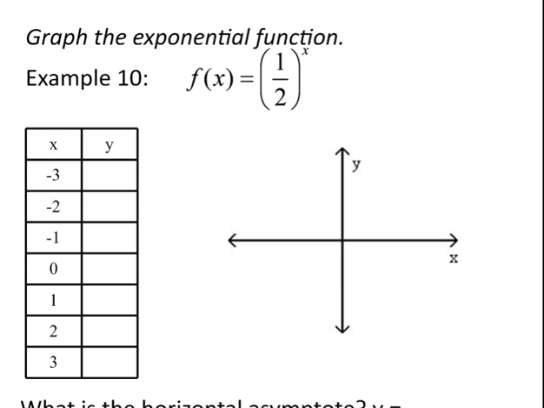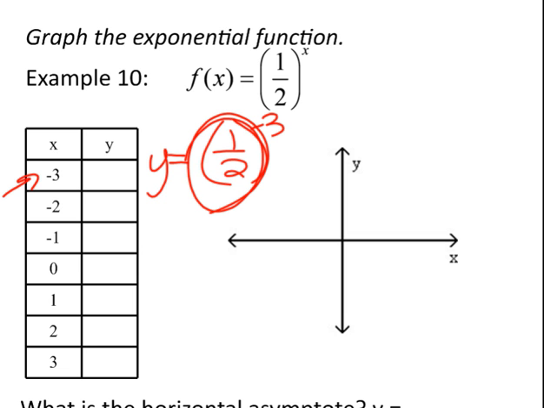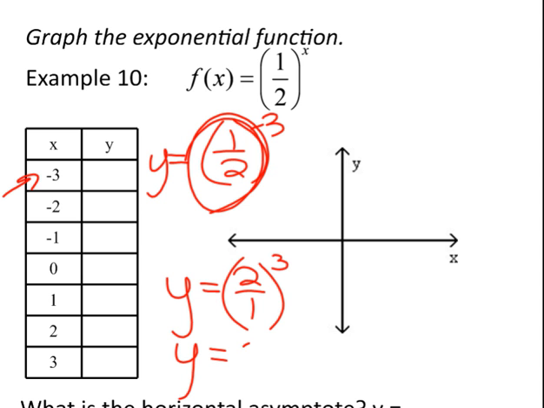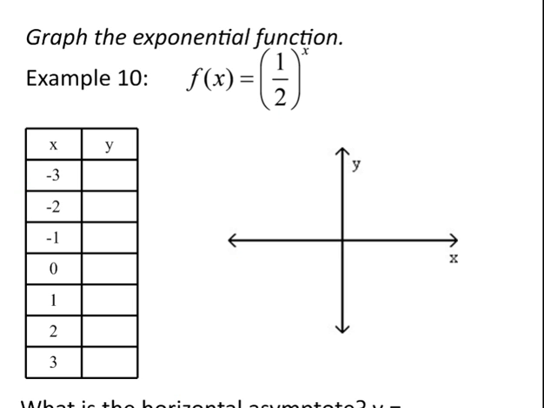If we plug in these x values, again, (1/2) to the -3, if I have a negative exponent, that is going to flip this fraction upside down, y equals (2/1) to the +3, which is y equals 2 to the 3rd, which is 8. So if I plug in x equals -3, I get 8.